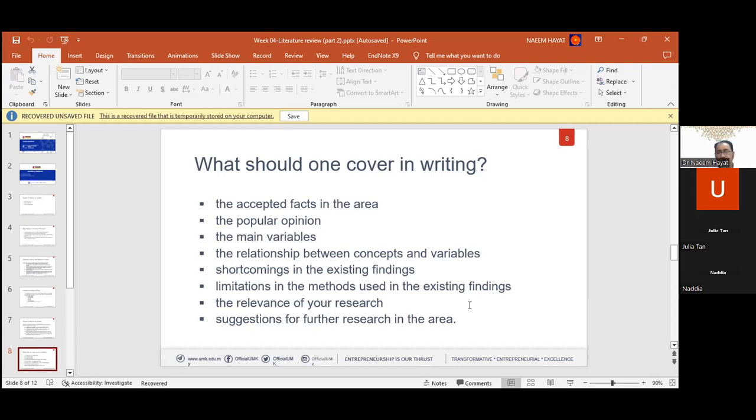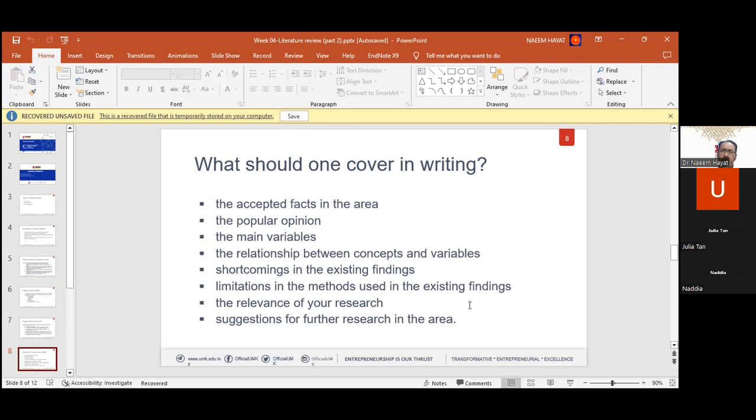The relevance of your research: we must actually create a case for what the research is fulfilling. If you are working on sustainability issues, you can say how the circular economy is important, how the circular economy concept helps the environment, and how it can benefit the industry as well by reducing greenhouse gas emissions.